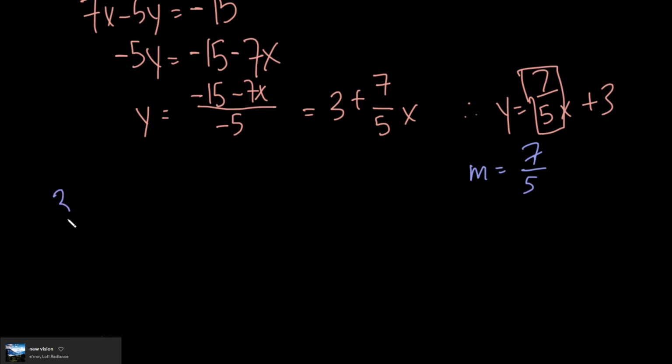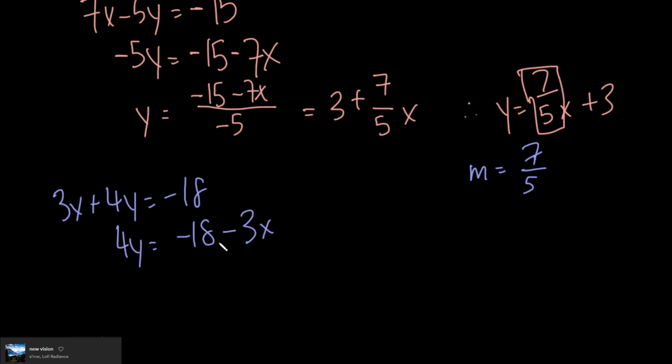So this is 3x plus 4y equals negative 18. I want to do the exact same thing. I'm going to move the x to the other side, so 4y equals negative 18 minus 3x. I want to subtract 3x from both sides, and I'm going to divide by 4 on both sides, right? Negative 3x divided by 4.